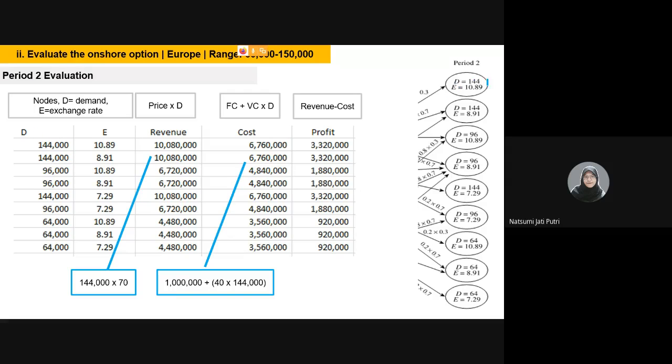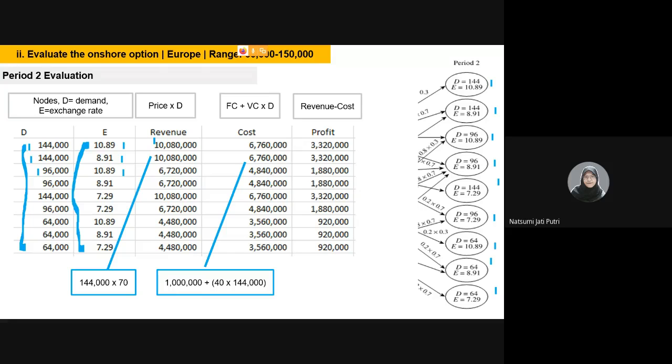So we just move each number in these nodes to here. 140, and the exchange rate 10.89, and then here demand 144 and the exchange rate is 8.91, and then the demand 96 and the exchange rate is 10.89, and so on. Just move it to here for the demand and exchange rate.